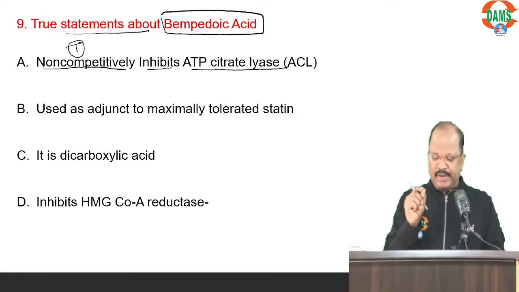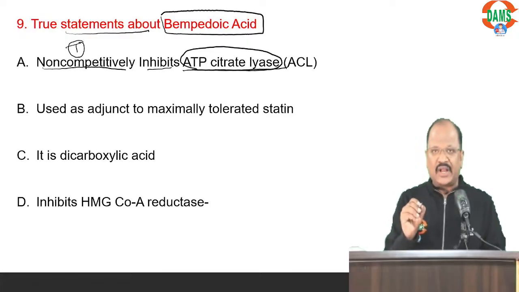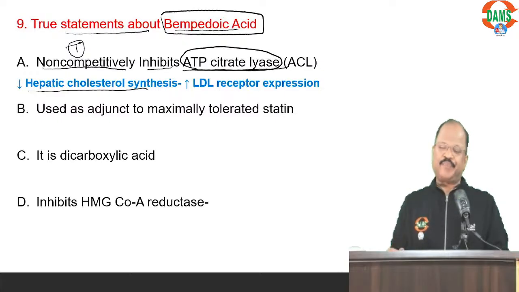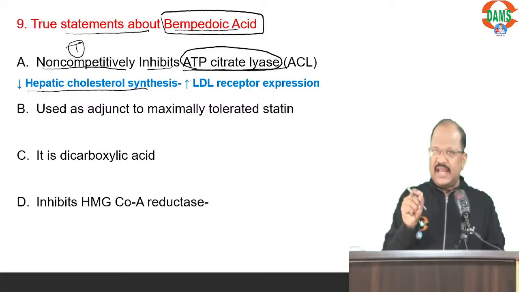Actually, ATP citrate lyase is the initial enzyme involved in the synthesis of cholesterol. So, bempedoic acid inhibits the initial step of cholesterol synthesis.